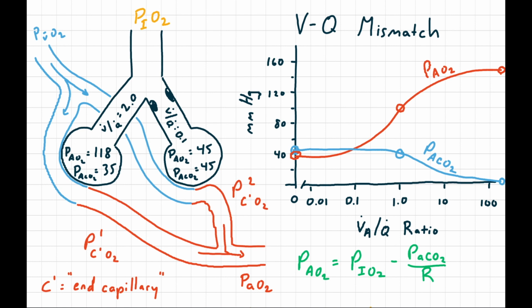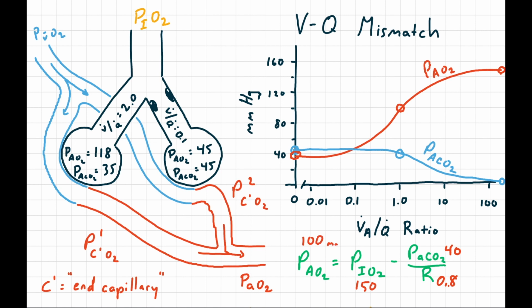So this equation gives us an ideal or expected alveolar oxygen partial pressure, and if you run it with our measured arterial carbon dioxide tension of 40 millimeters of mercury, the sea-level room air PiO2 of 150 millimeters of mercury, and a normal respiratory quotient of 0.8, the ideal alveolar oxygen partial pressure works out to be 100 millimeters of mercury.